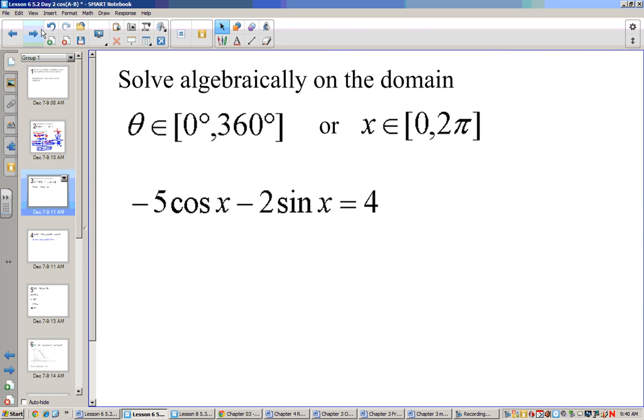Now here's one in radians. So let's try to do this in radians and see how that goes. First off, 5 to the left, because that's dealing with cosine, and 2 down is here. Now make sure your calculator is in radian mode.